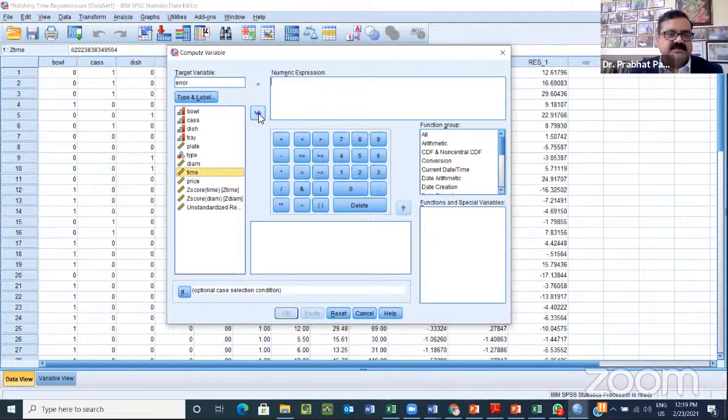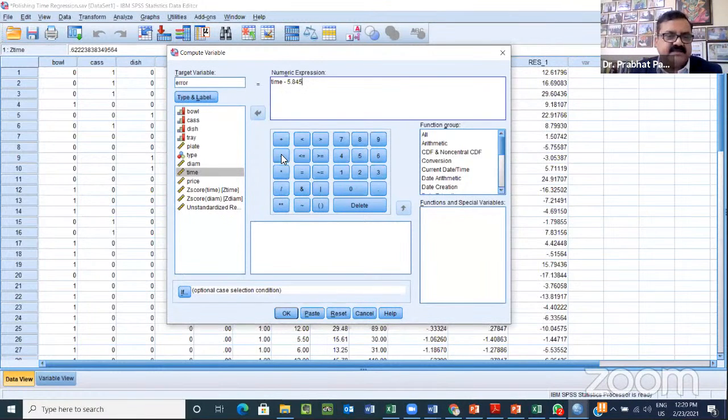The calculation is going to be like this: time, and then we say time minus 5.845. So I'm feeding the values.